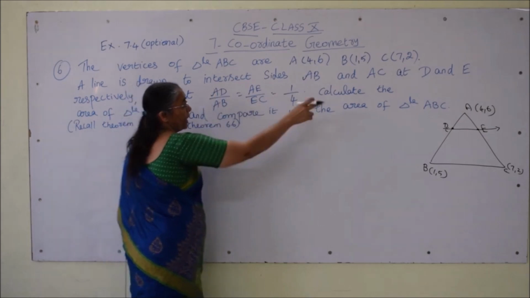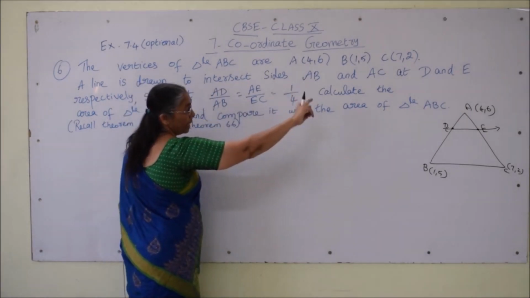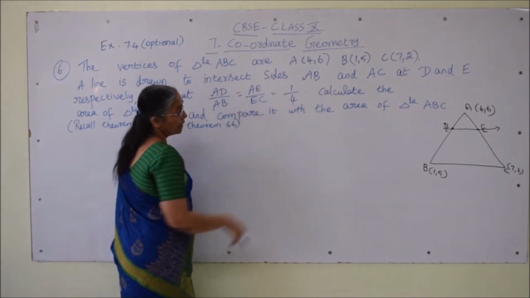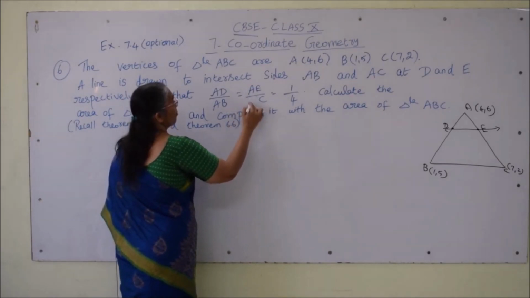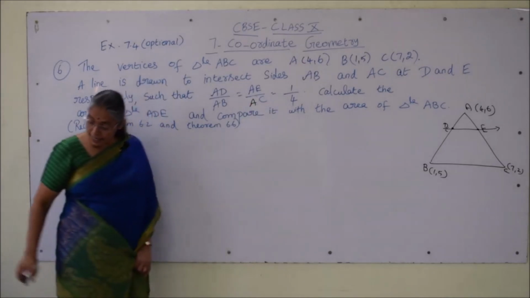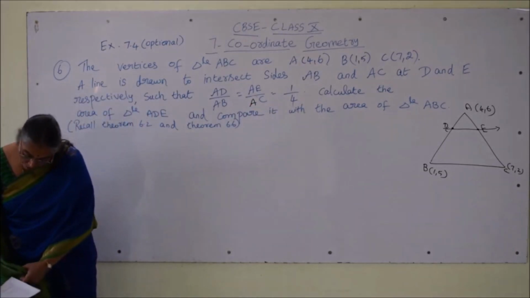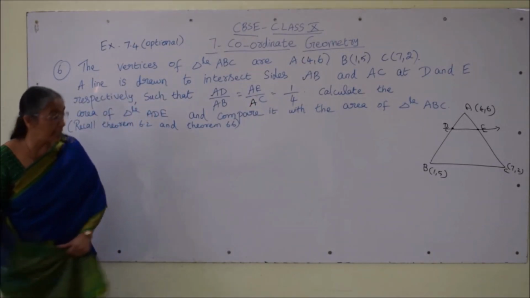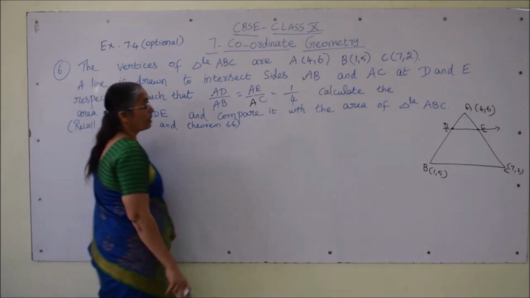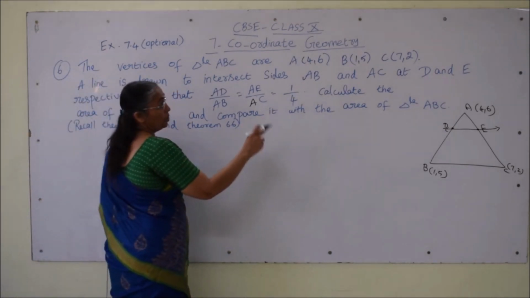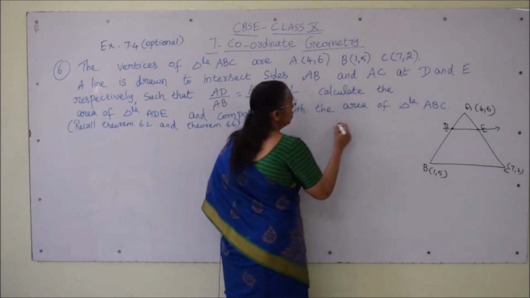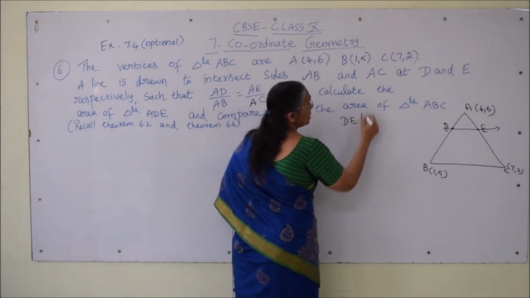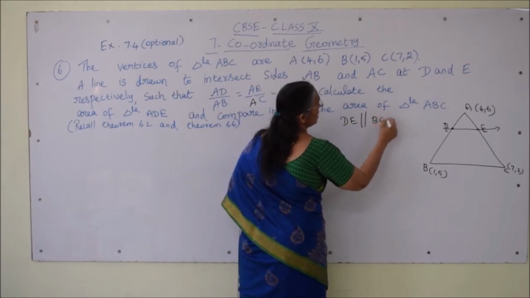AD by AB is 1/4, and AE by AC, it is AE by AC, not EC, is equal to 1/4. So, by theorem 6.2, we will have DE parallel to BC.